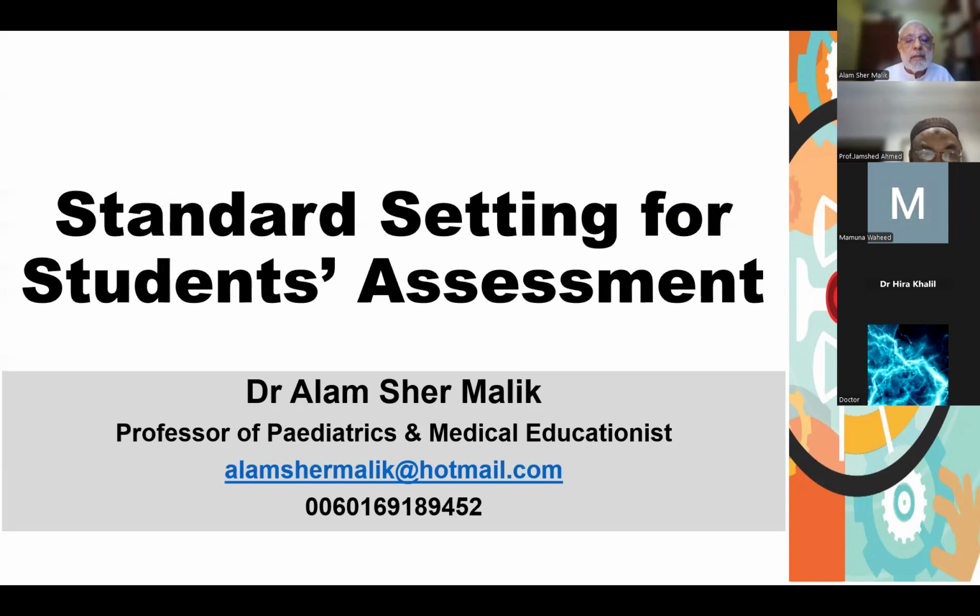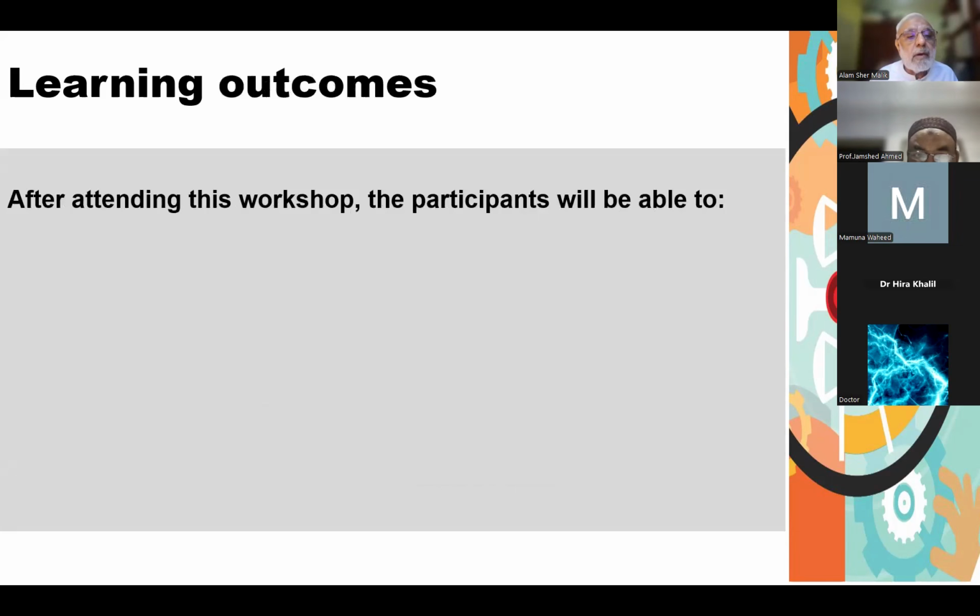This is the part we are going to go through based on our learning needs, the standard setting for students' assessment. Those learning needs are now our learning outcomes of this session.